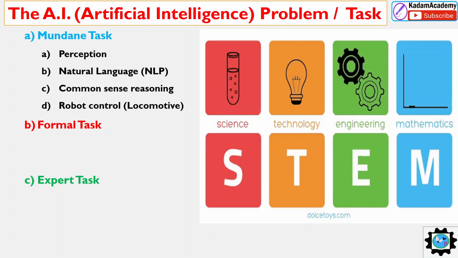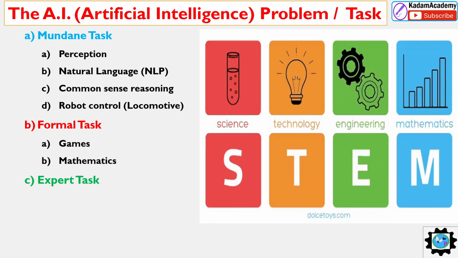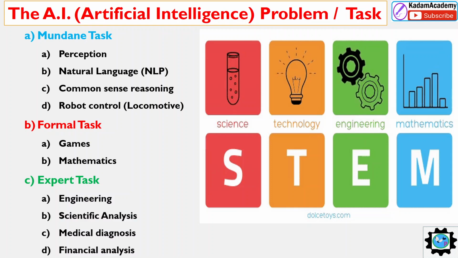Under the formal task, we have games and mathematics. And the expert task includes engineering, scientific analysis, medical diagnosis, and financial analysis. All the terms related to these tasks we'll see one by one.